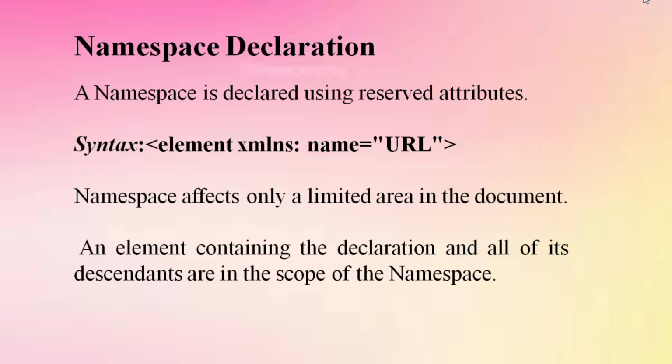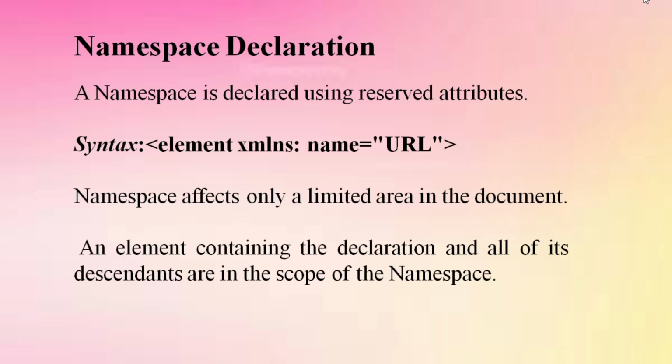Here the namespace starts with the keyword xmlns and the word name is the namespace prefix. The URL is a namespace identifier. Namespace affects only a limited area in a document.